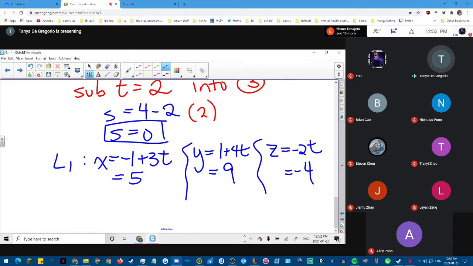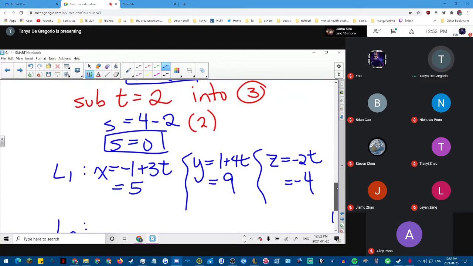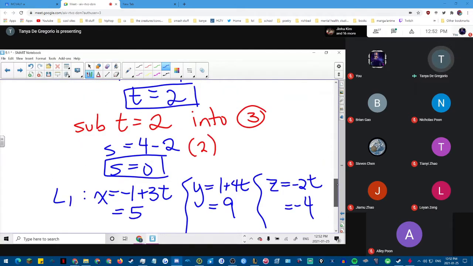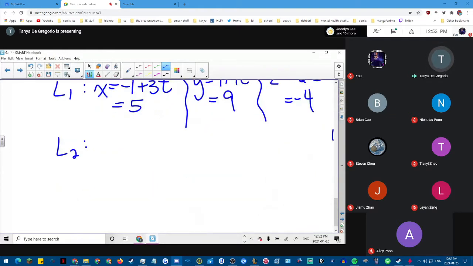So can I stop here because I got a point? What do you think? Should I just stop here and say, oh, we got the point of intersection? We should check if it's the same for the other one. You got it. Check, because they're not always going to be the same, right? You want to make sure that the 2 points are the same. So then you know that you, in fact, found a solution. Okay? So now we're going to do the same thing with s.